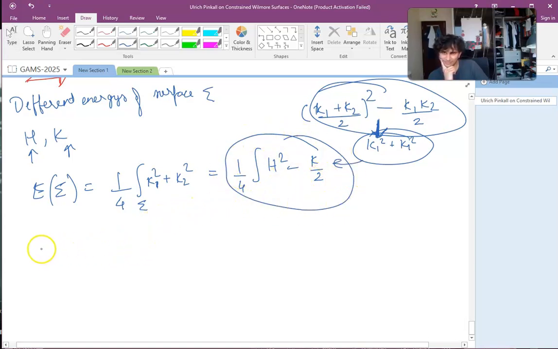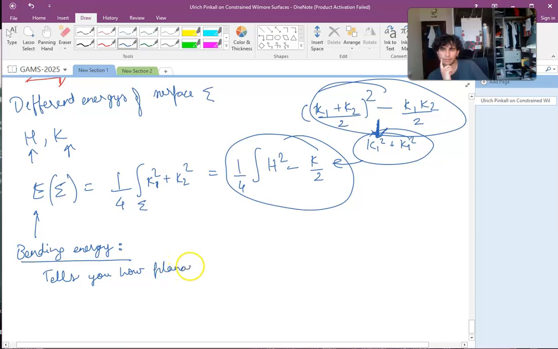Now, what is left? So this is our bending energy. And a fact about this, which is what I understood from Ulrich's talk, is that this bending energy tells you how planar your sigma is.